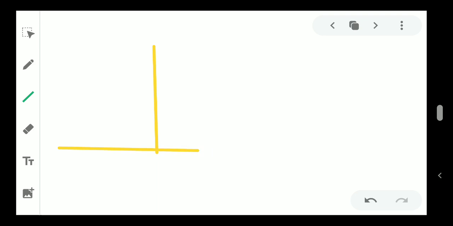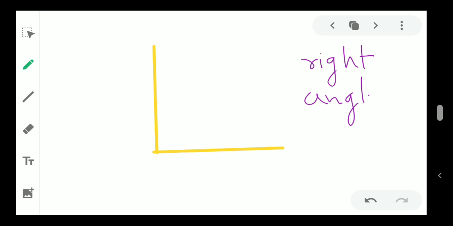If you have something like this, that is a perfect L, I'm trying to draw a nice L, we call this a right angle.